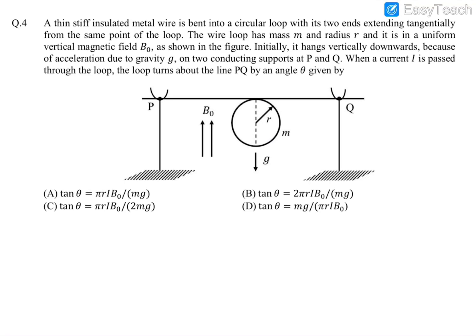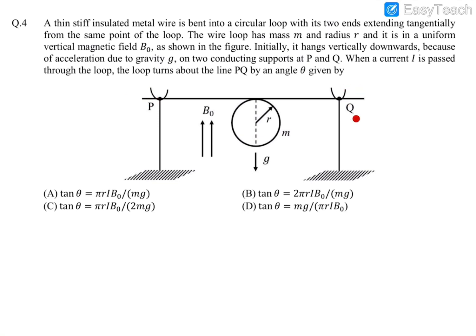In this question, you can see that there is a stiff insulated metal wire, and it is being bent into the form of a circular loop, and this is a single wire. You can imagine this wire going like that, and its two ends are touching these two supports.